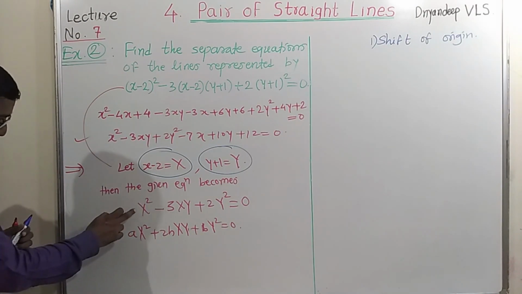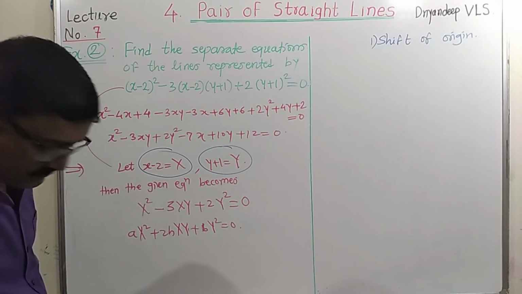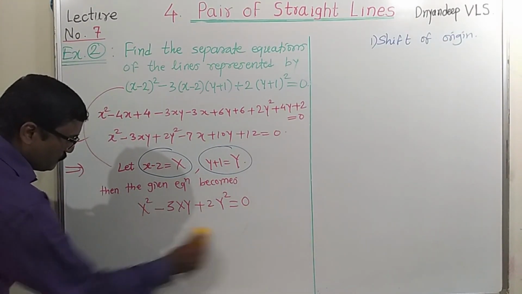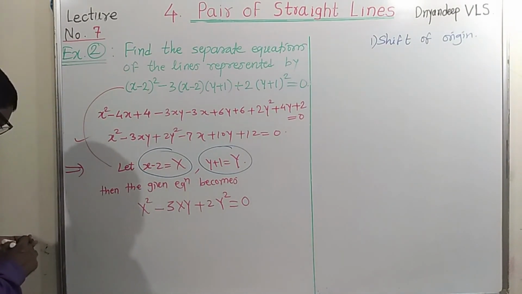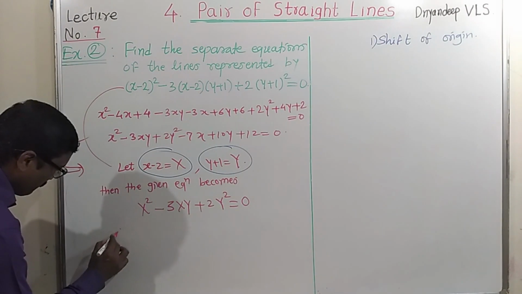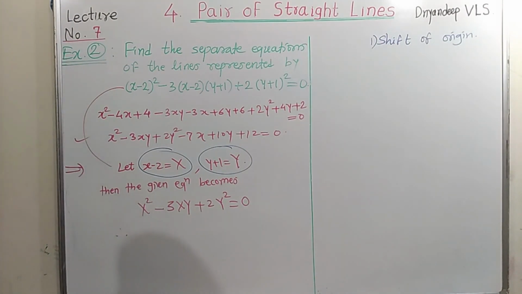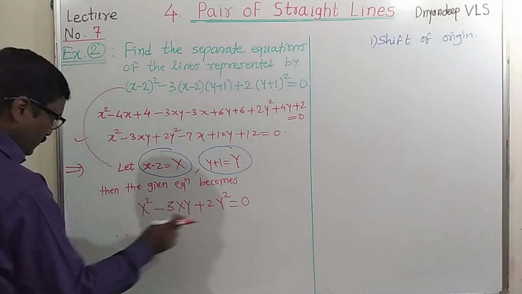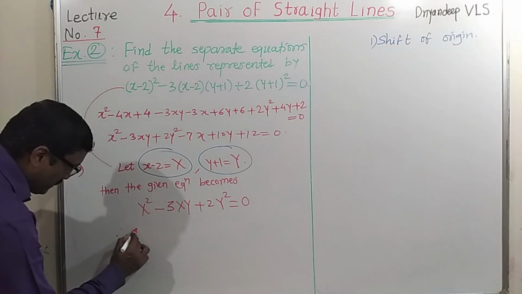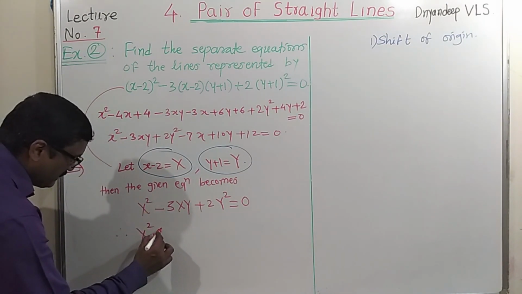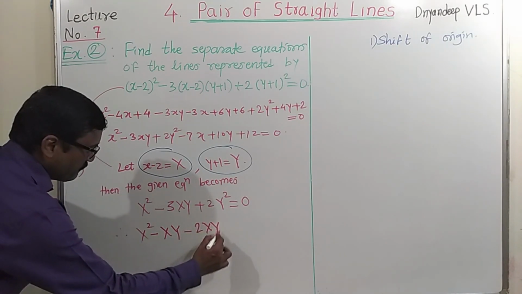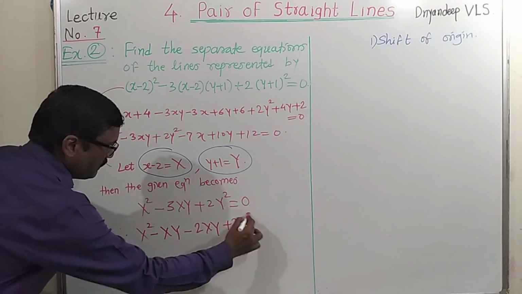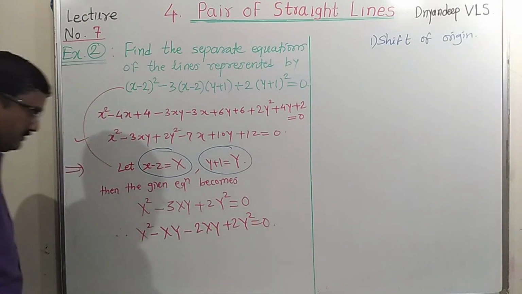Now at this stage we can find the factors of this equation. No need to compare it. Therefore here the factors are, this is 2 minus 2 minus 1 will give us minus 3. So X square minus XY minus 2XY plus 2Y square equal to 0.